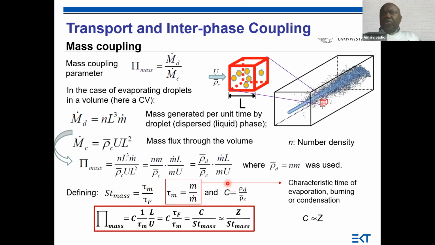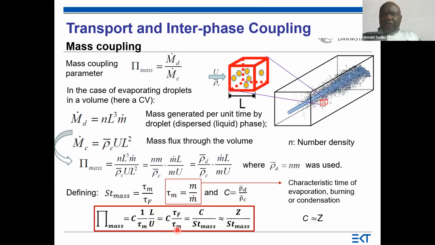And if we consider what we introduced before, this concentration, the ratio of this divided by this, then we include everything here. Then we see that the first part is this concentration, the density, and then we have the inverse of this Stokes number based on mass, multiplied by this characteristic time for the flow.